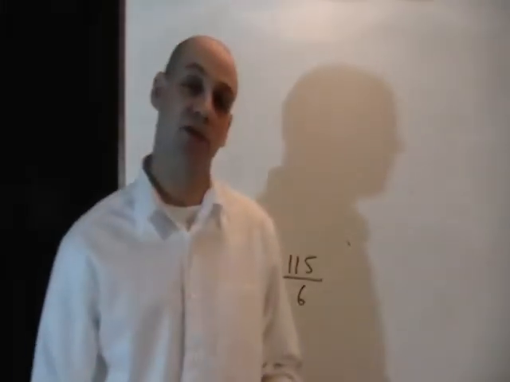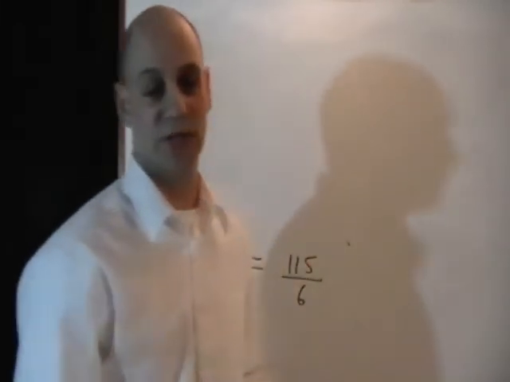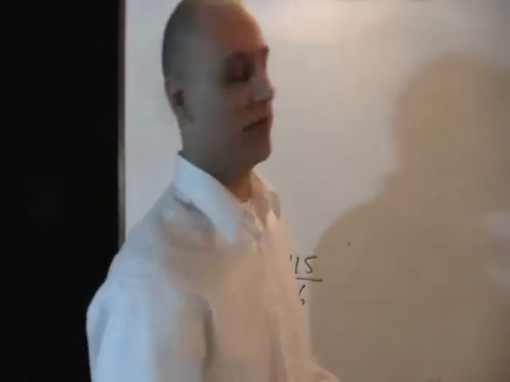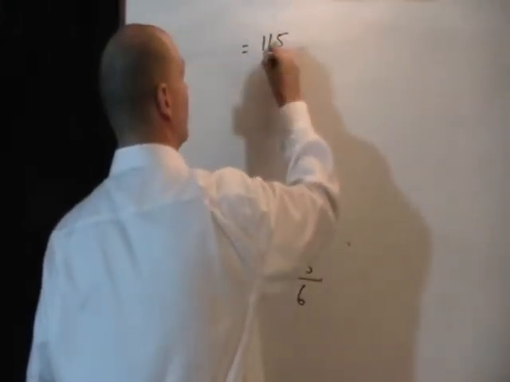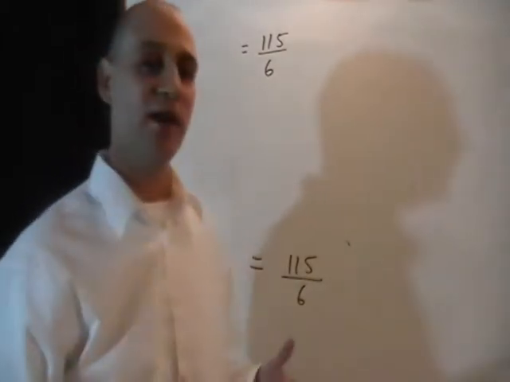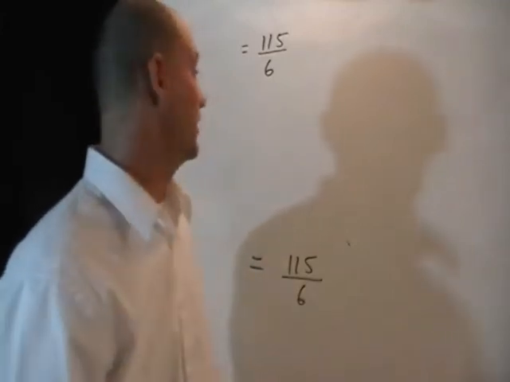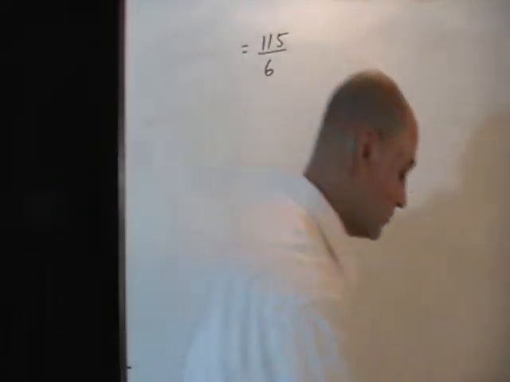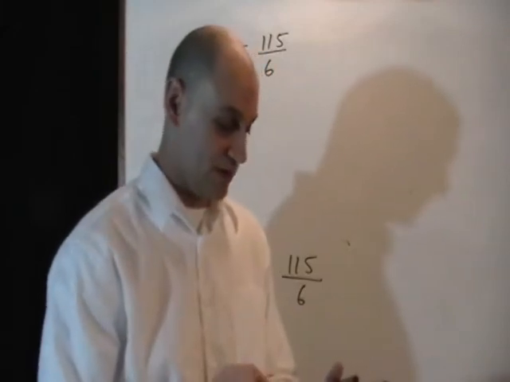Now this is the correct answer, but it's also in the form of an improper fraction, and you may want to convert that back into a mixed number. So let's have a look at how you would do that. So we have 115 divided by 6, and like I said previously, there's many ways you can do this, but the way I like to do it is to just simply first take out my calculator and divide it out. 115 divided by 6.